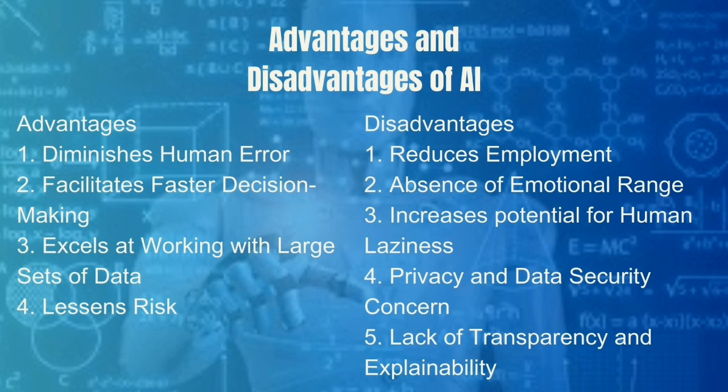First are the advantages. The first one is it diminishes human error. Humans can make mistakes, but computers, if programmed properly, will make fewer mistakes in certain areas. Since AI decisions come from compiled data with designed algorithms, errors are reduced, accuracy is increased, and precision is possible.